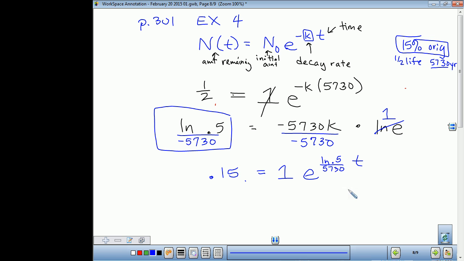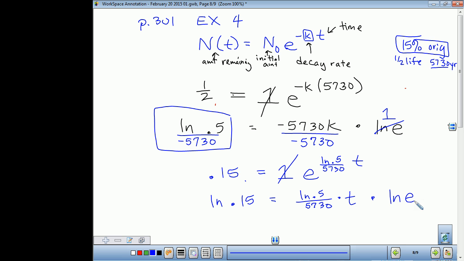T. Okay, divide by 1. Changes nothing. Take the natural log of both sides. This comes out in front, ln of 0.5, divided by 5,730, times T, and times the ln of E.